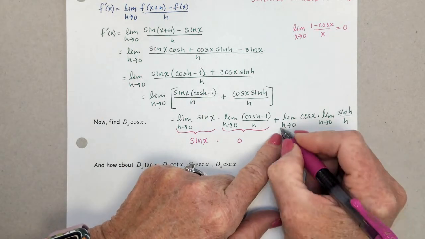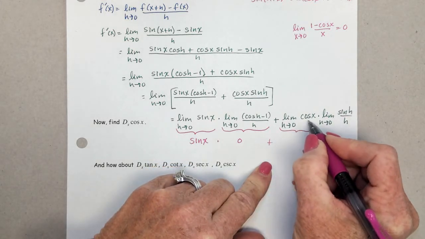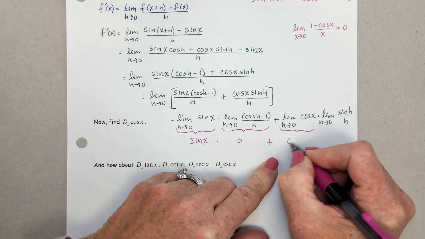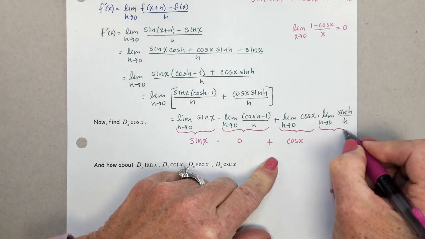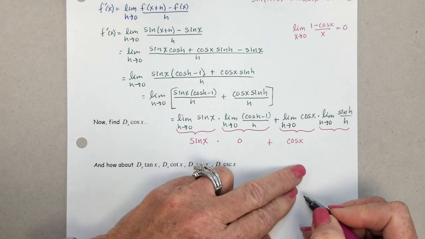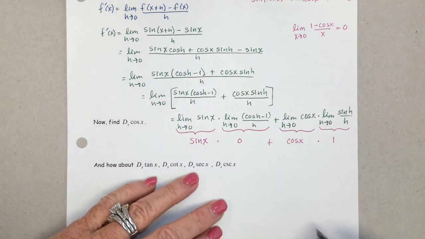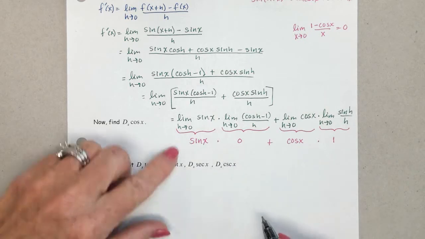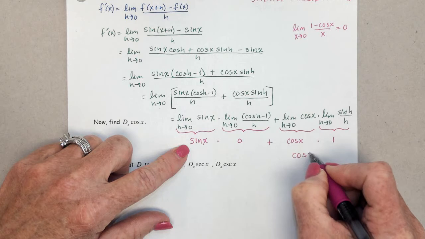This one, again, the limit as h approaches 0 of cosine x, there's no h's in there, so that's just cosine x. And this one, again, was a memorized one from earlier this year, and that's 1. All of this pulls together, and we are left with cosine x.